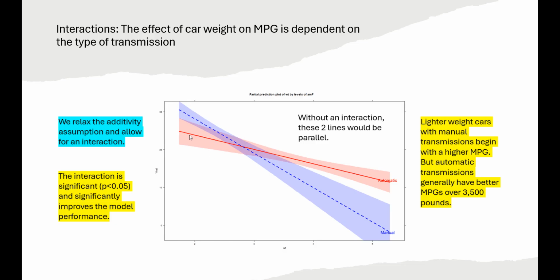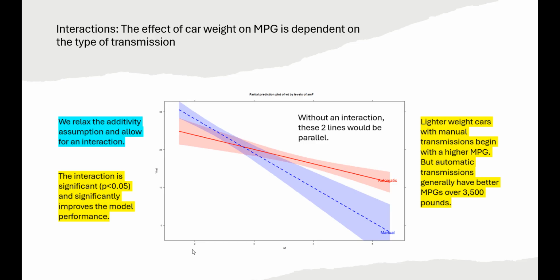They're not parallel here; they cross in the first half on the left side of the graph. If there was no interaction, then we would expect to see that these two lines would have been parallel. The red line would not touch the blue line, and it would have an equal distance at the highest and lowest value on the x-axis.